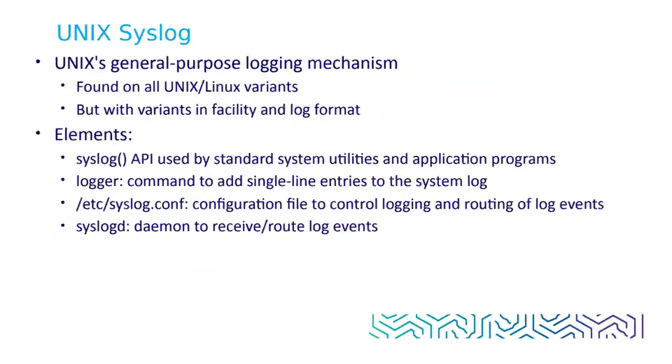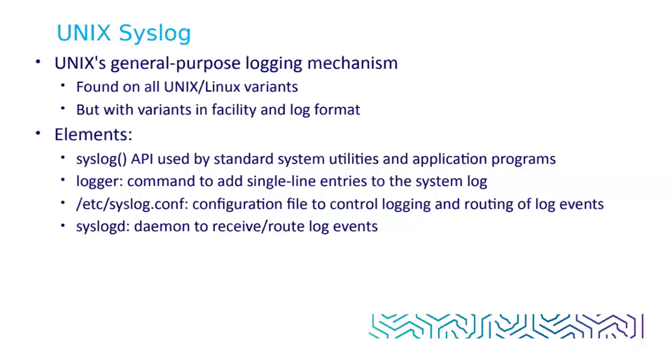And then we have the concept of Unix syslog, the Unix system log. Previously we learned about the Windows event log for Windows systems, right? This one is going to provide the logging mechanism for Unix or Linux systems. The syslog is the general purpose logging mechanism which is used in either Unix or Linux operating systems.